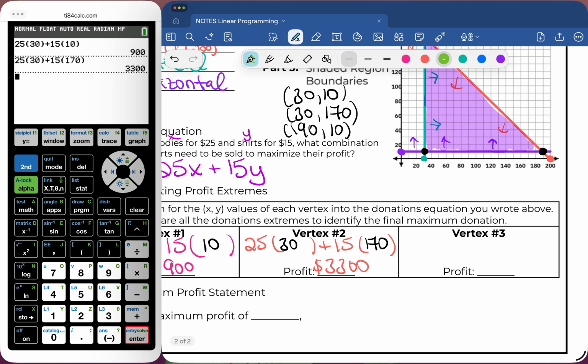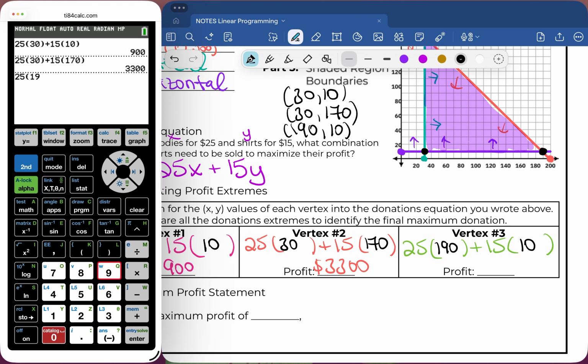Okay, and our last one, again using that same profit equation, but with our last vertex, which was at (190, 10). So we're going to type that in and see how much money we would make with that possible combination. And so that is $4,900.